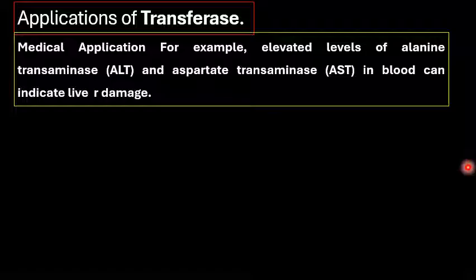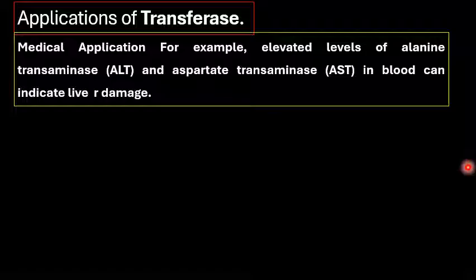However, conversely, if there's a decrease in activity of this enzyme, it could also suggest a kind of damage or malfunctioning where the enzyme is normally supposed to be abundant or at a normal level. When we say abundant, it does not mean it is high, but the normal abundant volume of the enzyme. If there's a decrease, it also indicates a kind of dysfunction or damage.